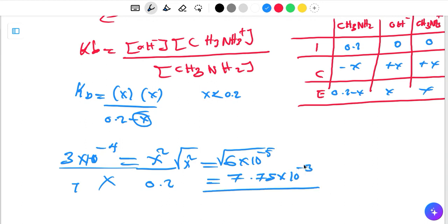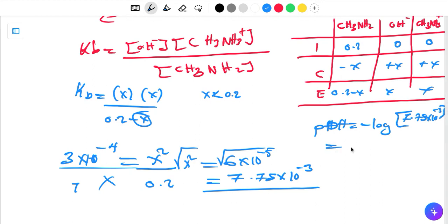Okay, so we know that here we are dealing with hydroxide ion. We are not dealing with hydrogen ion. So the first thing we are going to find is the pOH, which is equal to the negative log of hydroxide ion. In this case it is 7.75 multiplied by 10 to the power negative 3.